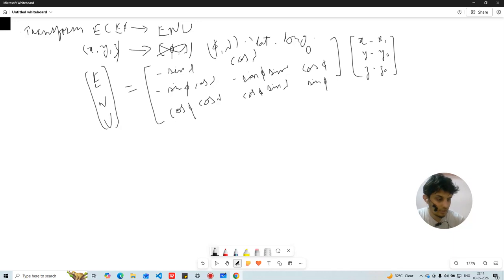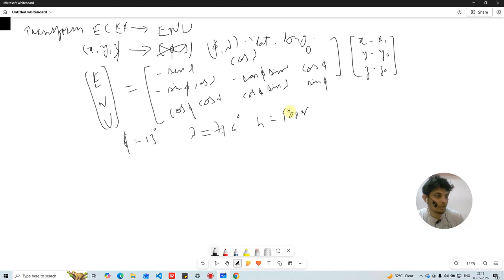ChatGPT is just curious to give me an example. Let's walk through a clear numerical example converting ECEF coordinates to ENU coordinates of Bangalore. Take a point near, say, Bangalore. Approximate latitude phi equal to 13 degrees, longitude equal to 77.6 degrees, and height 900 meters.